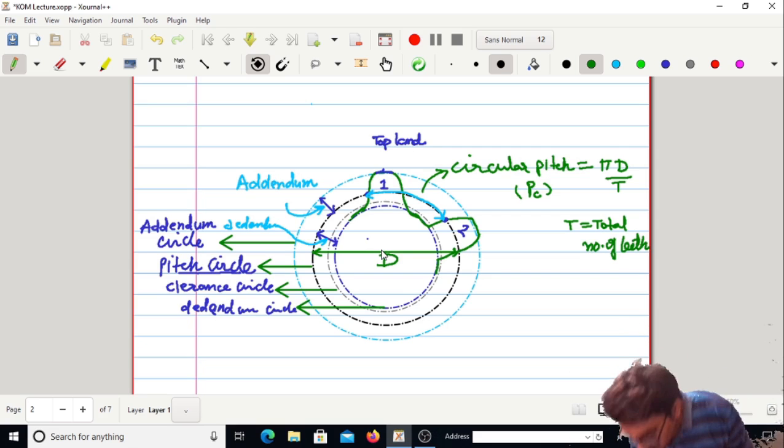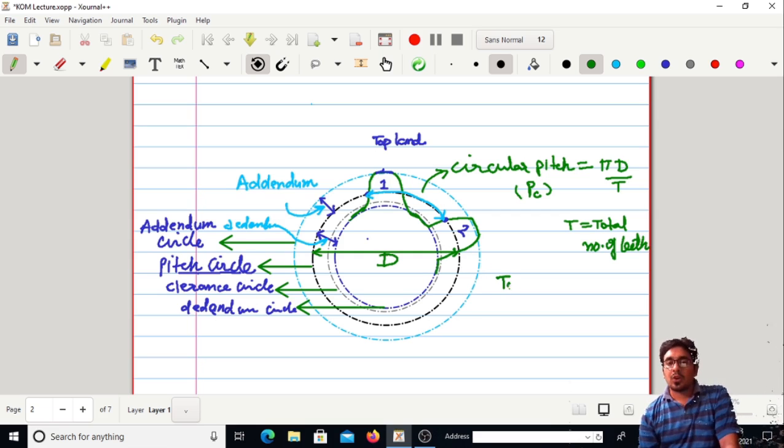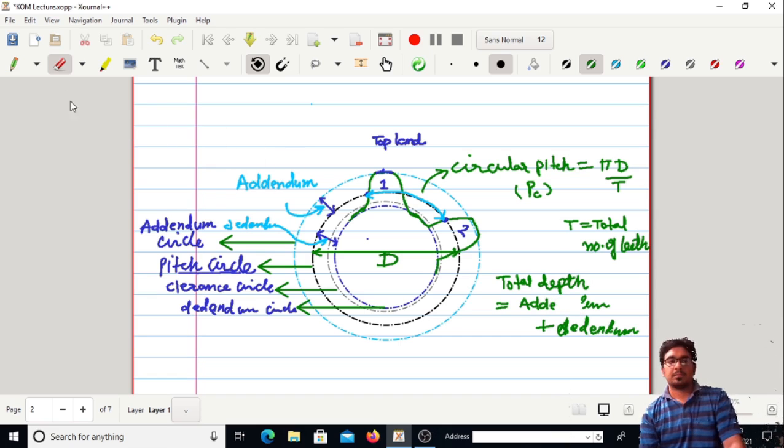Now next we have the total depth. The total depth of a particular gear tooth is defined as the summation of addendum plus dedendum.